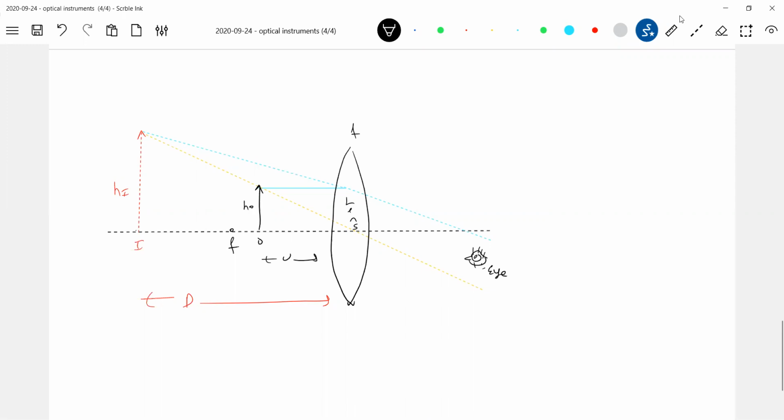So what is the formula now? We have a formula. Where the image is formed here, and this also will be negative. So 1 by U equal to 1 by D plus 1 by F. This is a basic formula. So I'll substitute this.